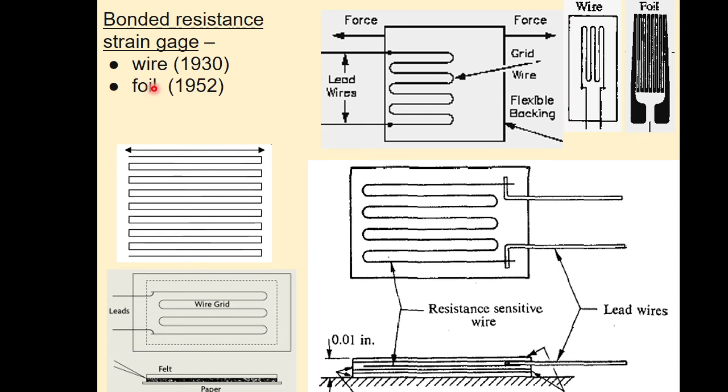So up to the 80s, we used to make strain measurements through these bonded type strain gauges. Nowadays it is very difficult to get this type of strain gauge. It happens in every area of technology. So this is the bonded type.